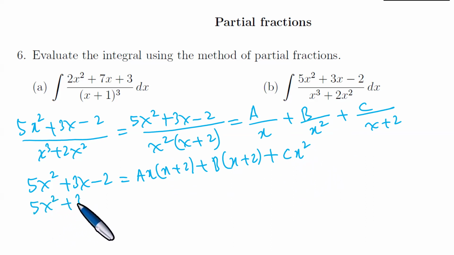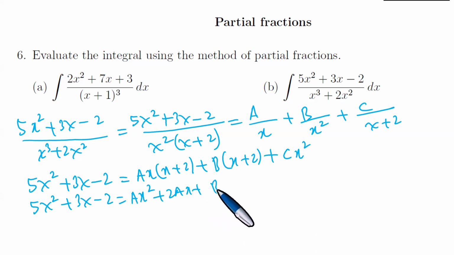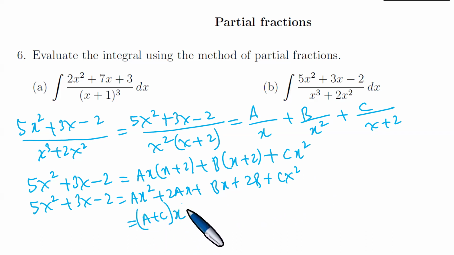5x squared plus 3x minus 2 equals ax squared plus 2ax plus bx plus 2b plus cx squared. You have a plus c for the x squared terms, then the linear terms in x.